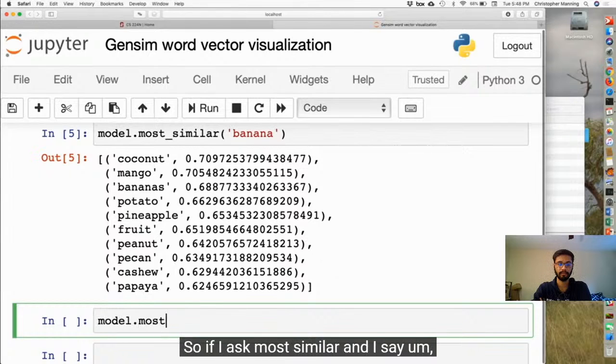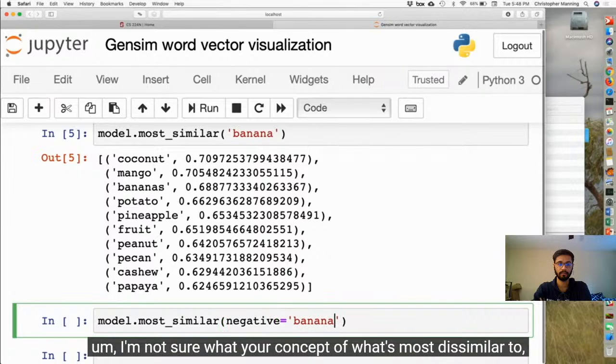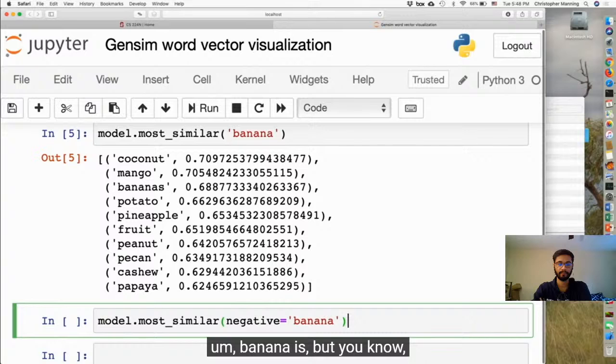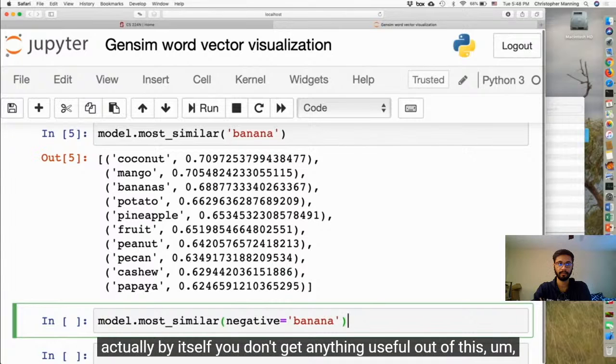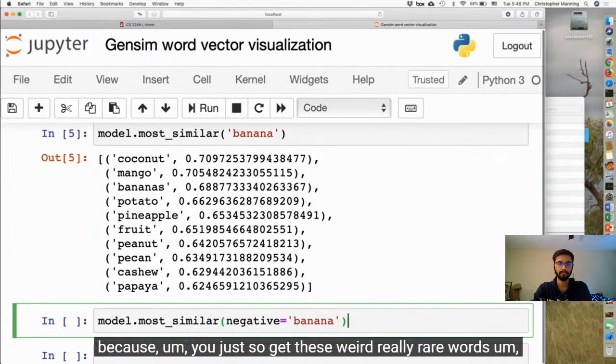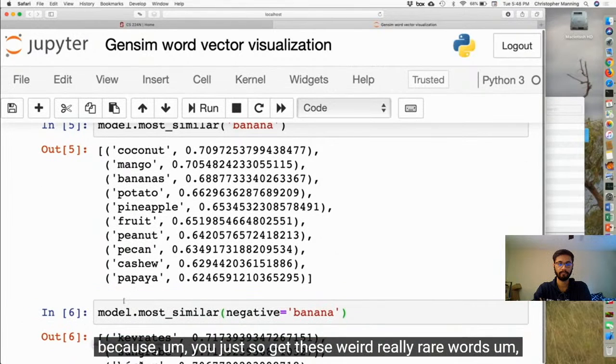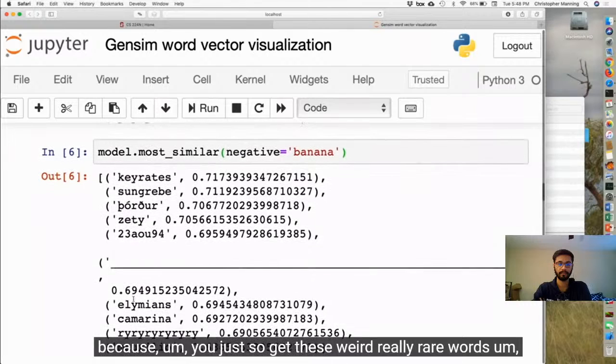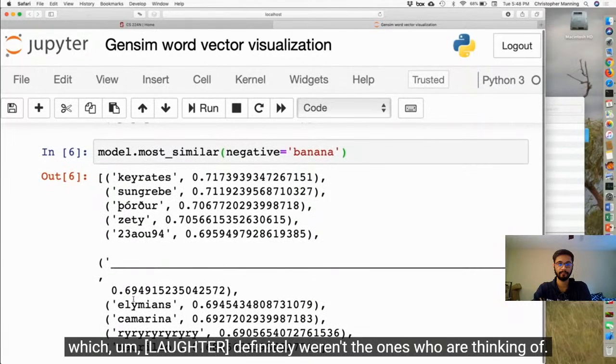If I ask most similar and say negative equals banana, I'm not sure what your concept of most dissimilar to banana is, but by itself you don't get anything useful out of this. You just get these weird, really rare words, which definitely weren't the ones you were thinking of.